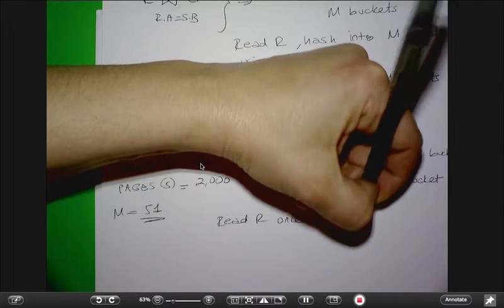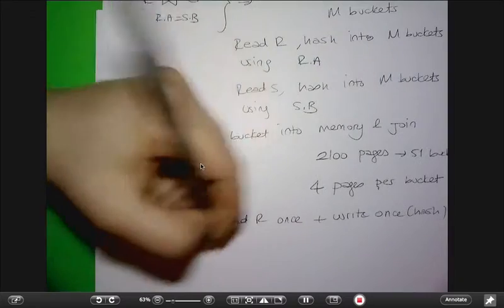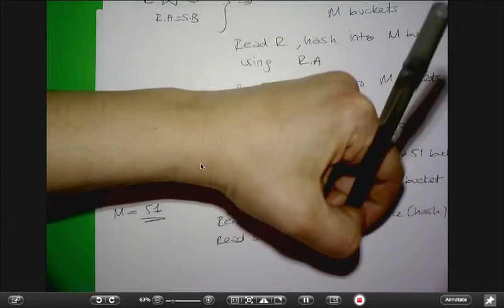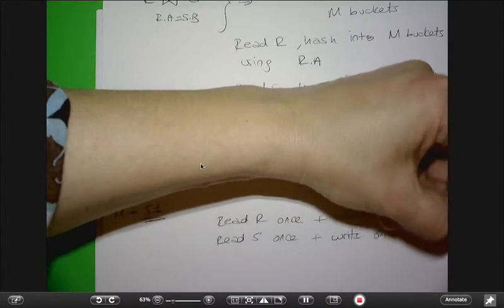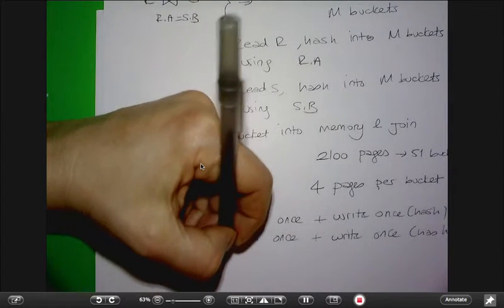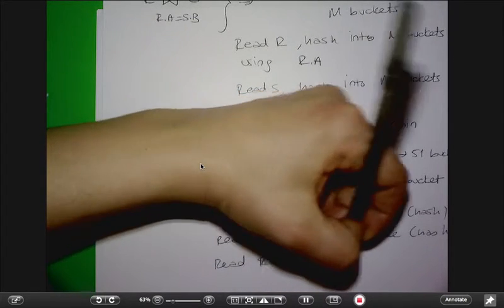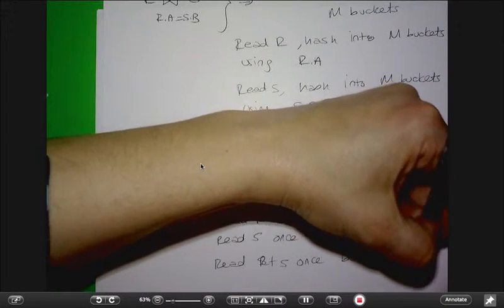And write once because of hashing. Read S1s and write once, hashing. Then when I'm reading the buckets, I'm again reading the whole relation back, right? So basically, I'm reading R and S once back, hashed version.